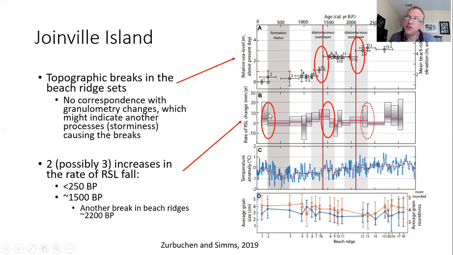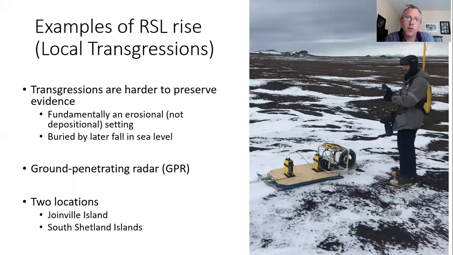One of them occurs within the last 500 years, so similar to the time frame seen at Torgersen Island. Another one about 1500 years ago, and then a potentially older one at 2200 years. So we see these increases in the rate of RSL fall, not only at Torgersen Island, but also within Joinville Island. Well, what about the other one?